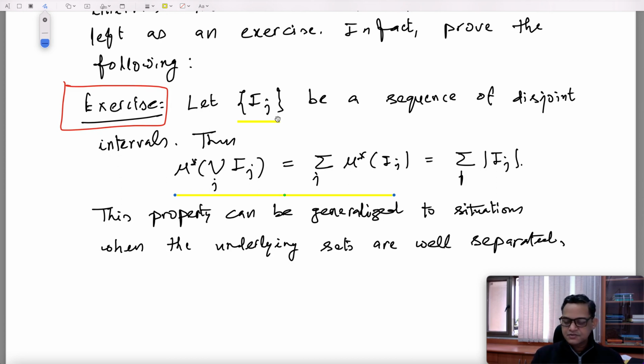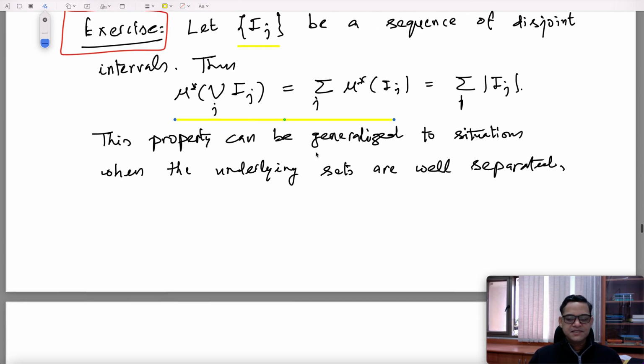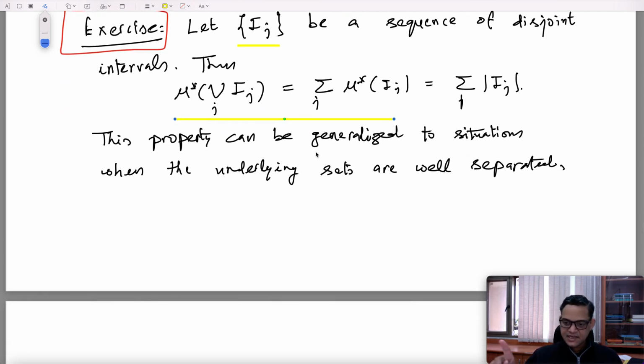Similarly, we can come up with some other situations where the outer measure will satisfy the additivity property, and I'm going to discuss one such situation, because these kinds of arguments will be used later. Basically, if the set is nice enough, and "nice enough" has to be put in commas because one has to properly define it.